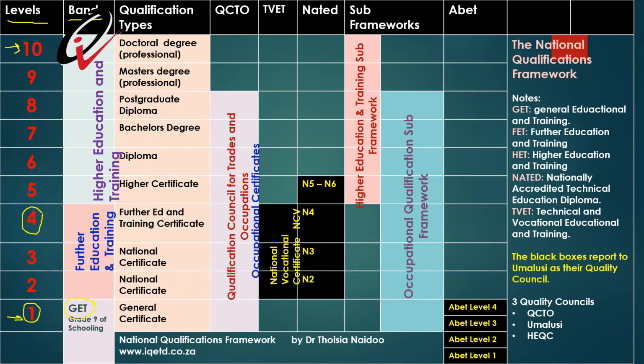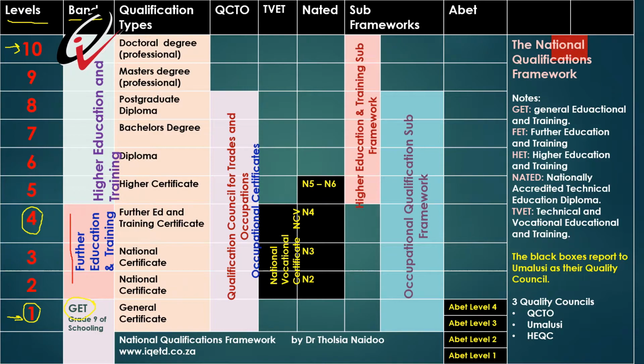Levels 2 to 4 in South Africa, we refer to as your further education and training band. If you look at the qualifications here, you would have occupational qualifications, and you would have your TVET colleges that play in this space as well. So your further education and training is levels 2, 3, and 4.